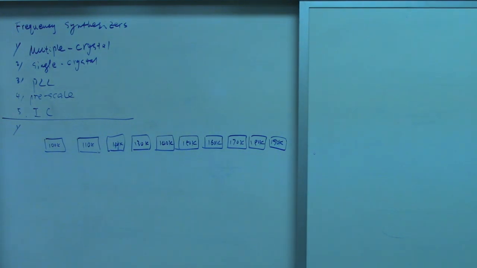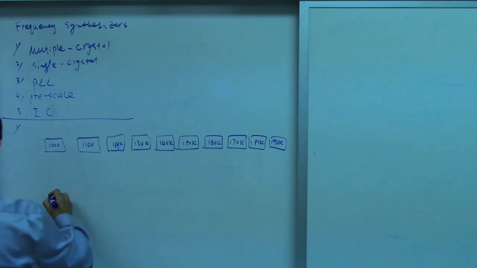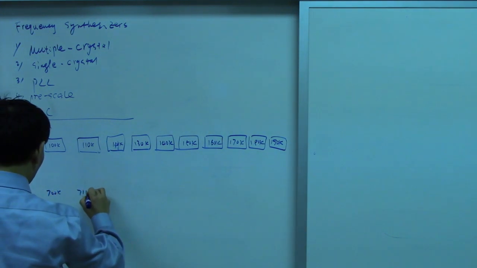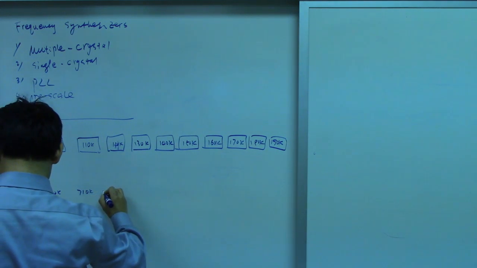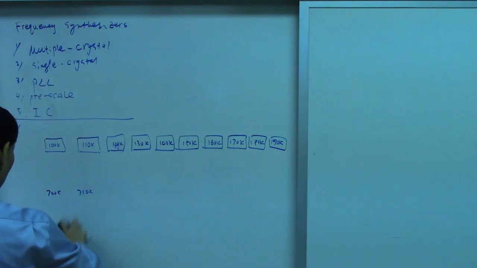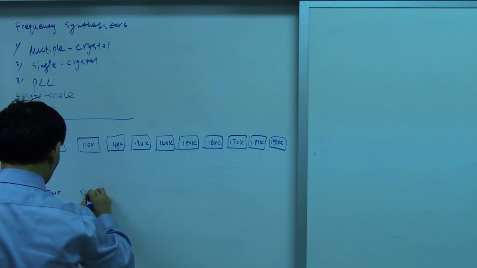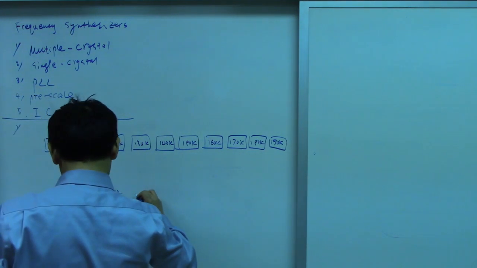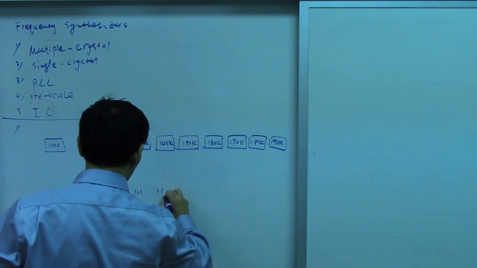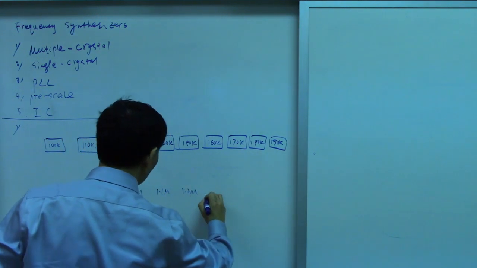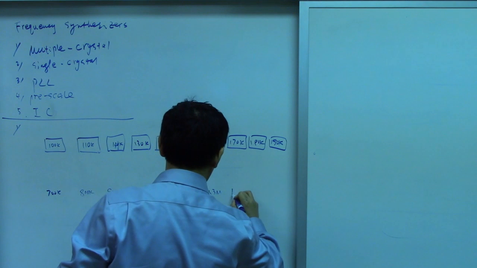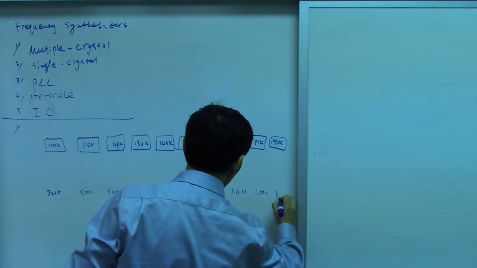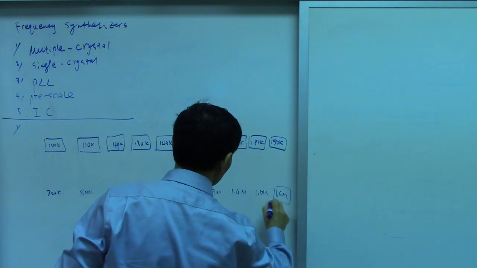And I have another set of crystals. Their frequencies are 700K, 800K, 900K, 1 meg, 1.1 meg, 1.2 meg, 1.3 meg, 1.4 meg, 1.5 meg, and the last one is 1.6 meg.